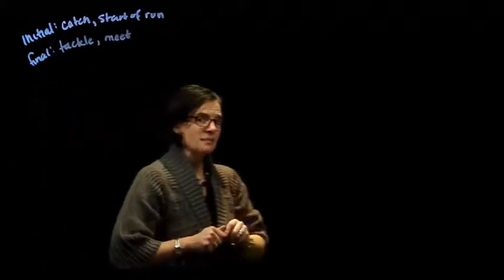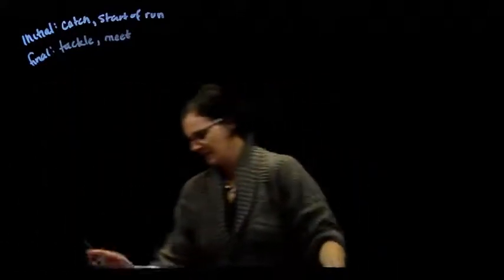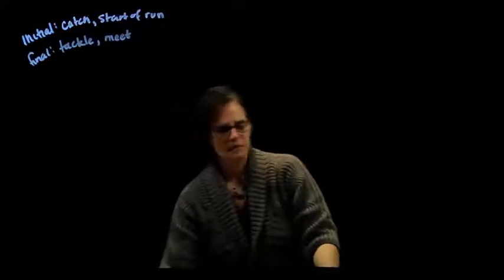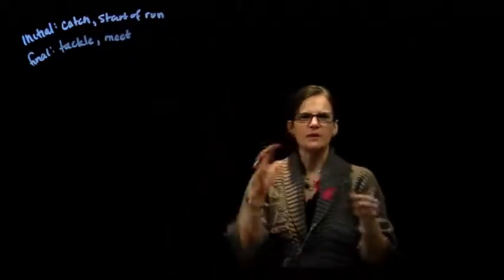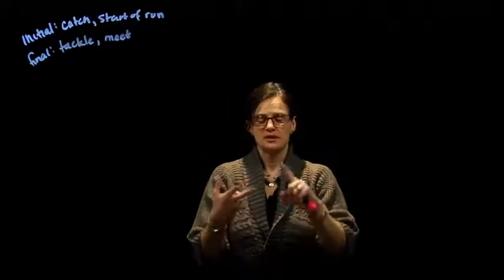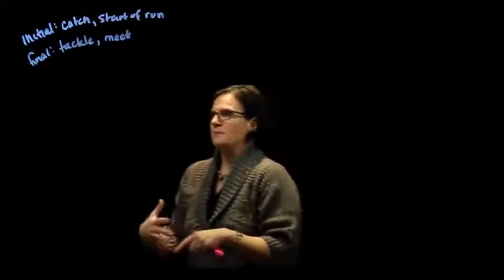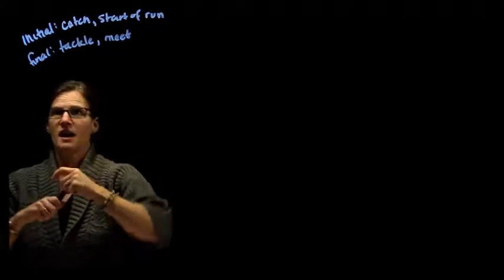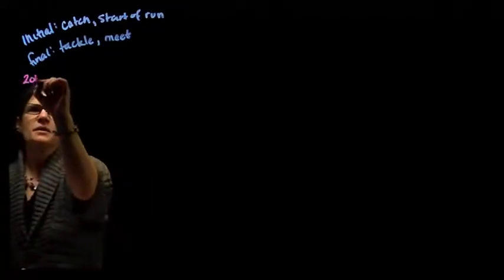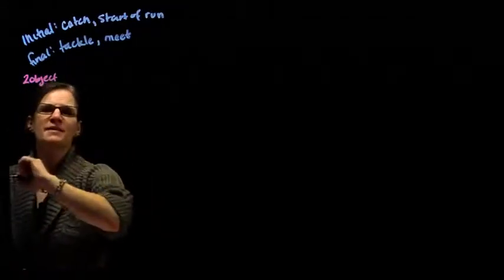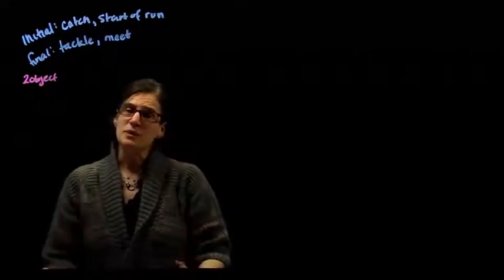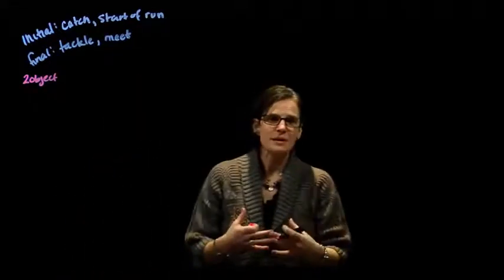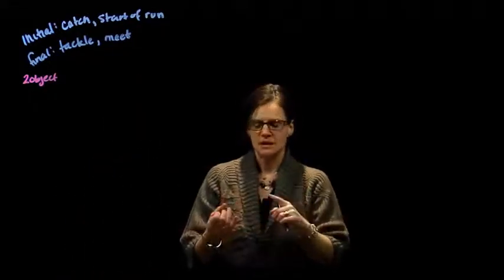Now, when we conceptualize the problem, we also want to think about what is related. Is it two objects? Is it one dimension? Is it multi-phase? And in this case, we have two objects, Fred and Tom. So we know we're dealing with a two-object problem. And whenever we deal with a two-object problem, we want to think about what's related.